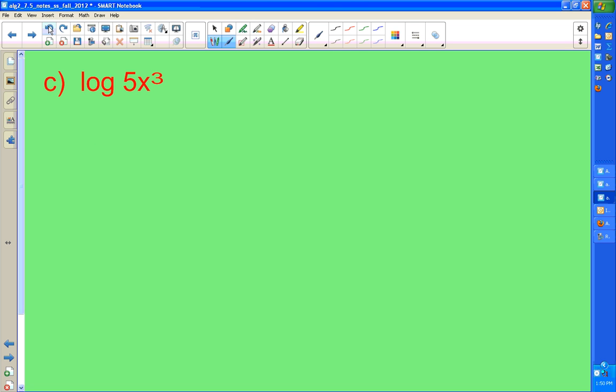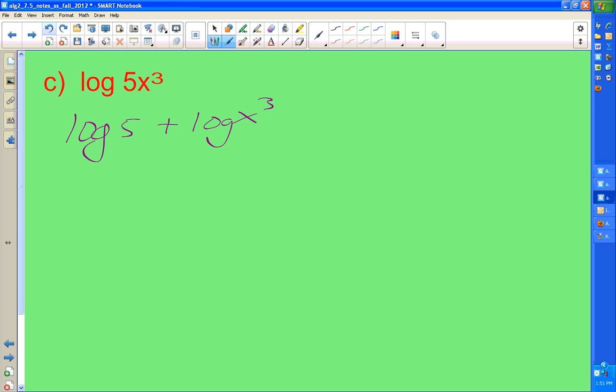Log of 5 plus log of x cubed. Because you can't put the 3 in front of log base 5 of x because the only thing that the 3 is a power on is x. So you have to separate the product first and then the powers second.